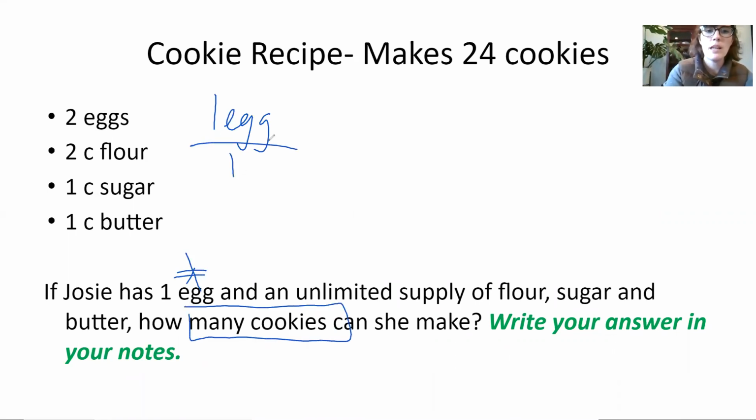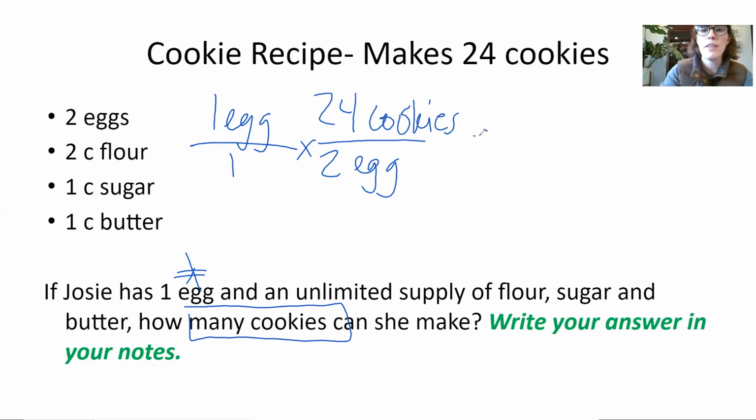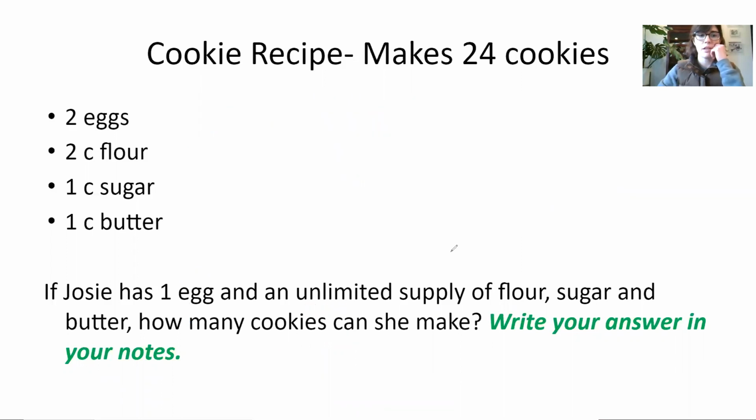So we have 1 egg times the same ratio as before, right? 2 eggs to 24 cookies. And that is going to equal 12 cookies. All right, cool. So again, pretty basic math, and you guys can follow along with that pretty easily.